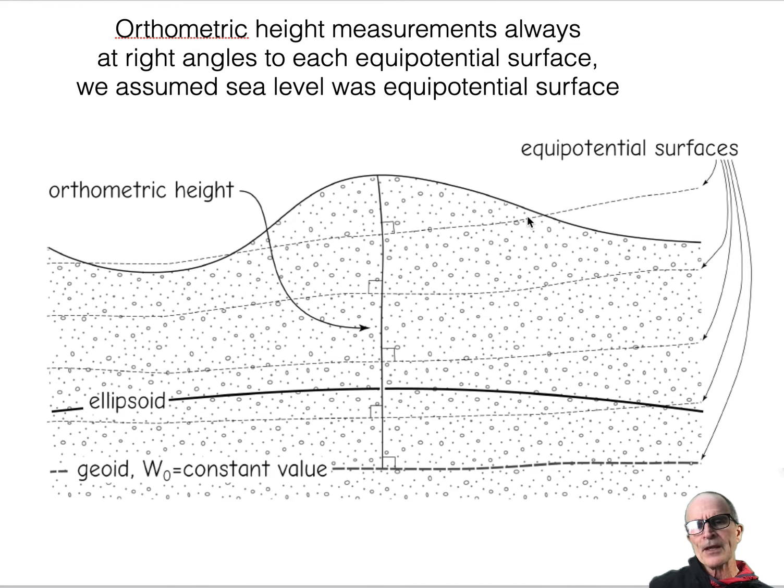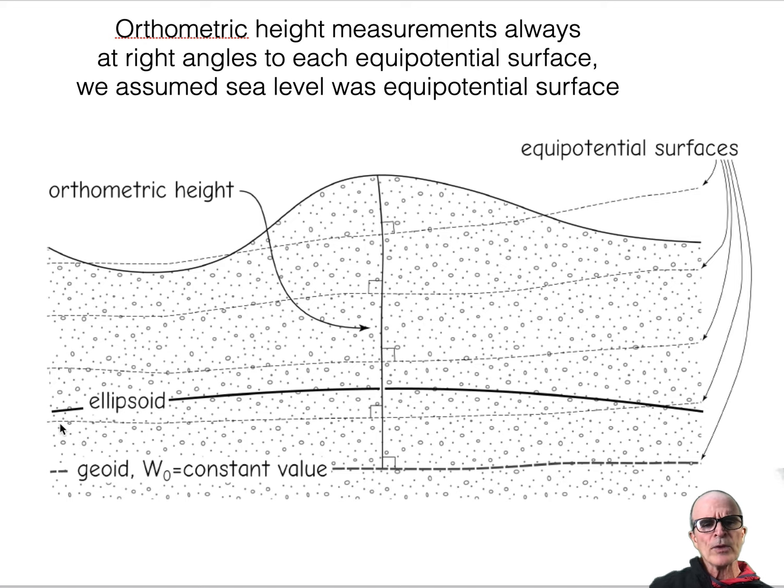But really the best way to visualize it is to think about this being an equipotential surface. So the pull of gravity is at a certain strength. As you go further away, the pull of gravity gets weaker until when you're out in space, you can float around. So orthometric heights are always measured from a geoid constant value up to whatever our height of interest.